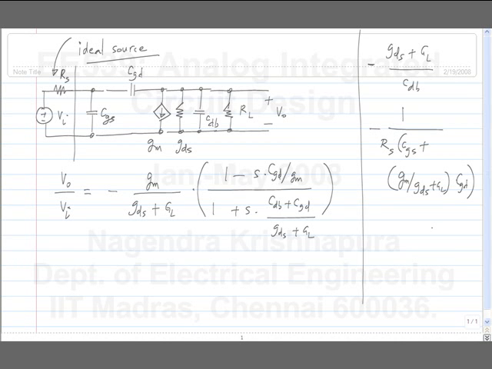How did you get this? So you multiplied CGD by the gain of the amplifier to get the Miller multiplied capacitance, added it to whatever is across RS, and then you got the answer. How did you get the first one? GDS plus GL by CDB?